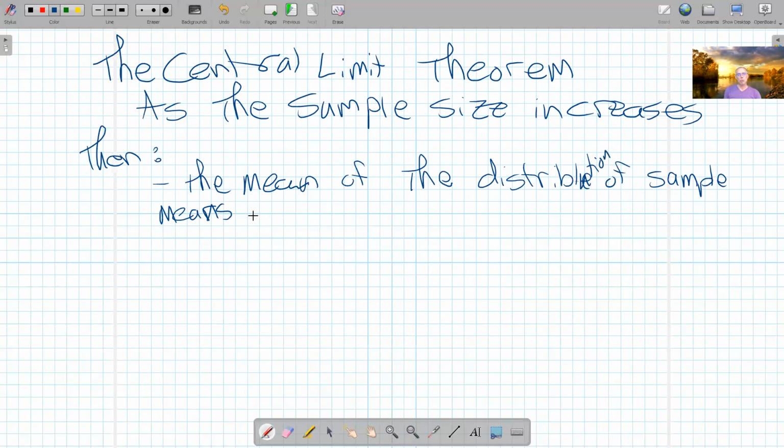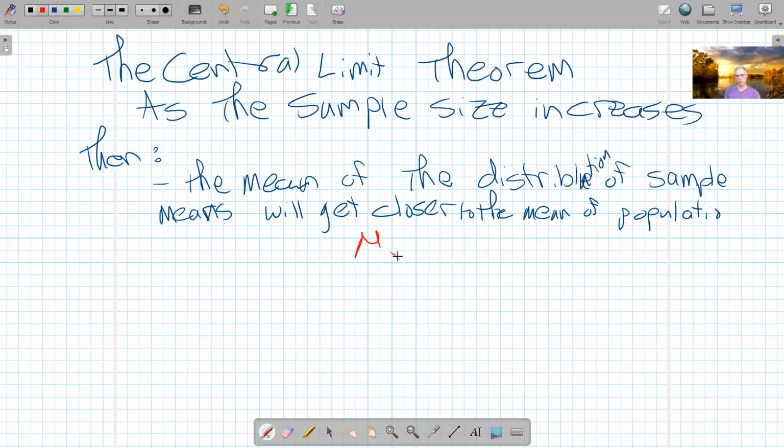The distribution of sample means will get closer to the mean of the population. In symbols, we say the mean of the means is approximately the mean of the population.